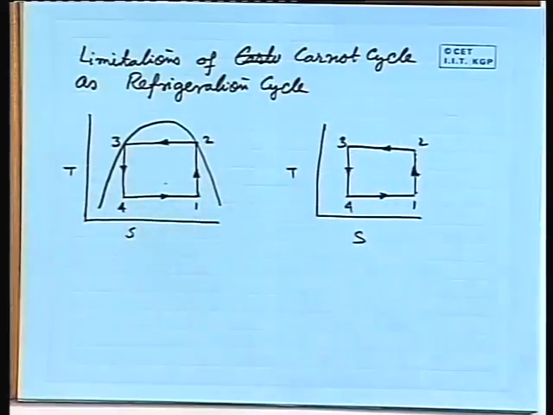So, here the process should be very fast, and here we need isothermal heat addition and isothermal heat rejection. Here the process should be very slow. So, in a cycle, part of the processes I need to be very fast and part of the processes I need to be very slow. It is difficult to design.